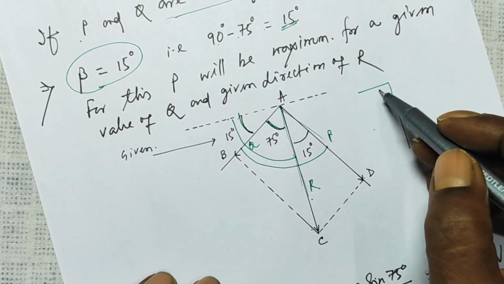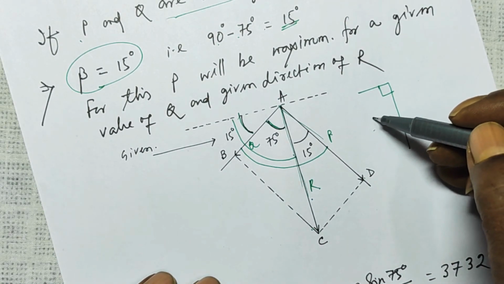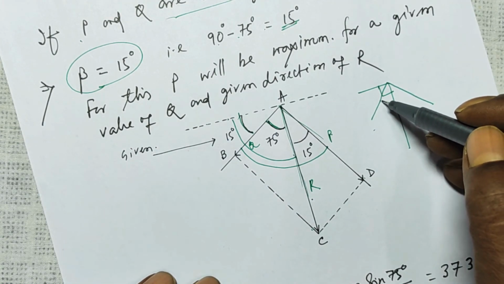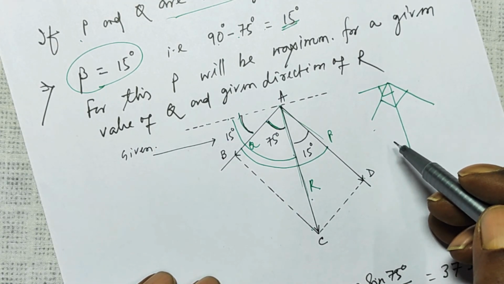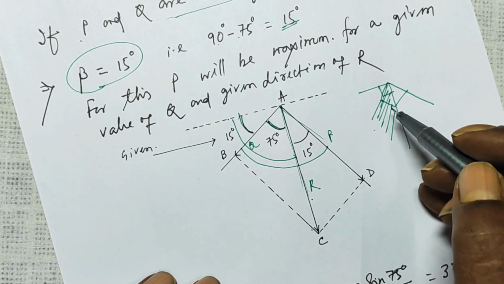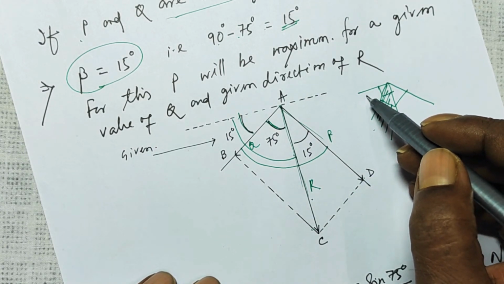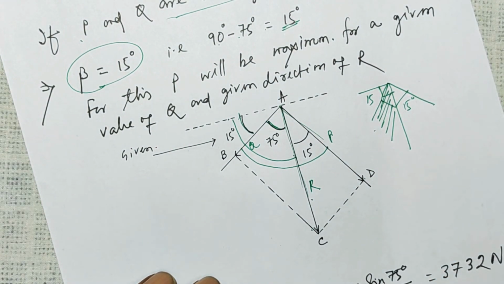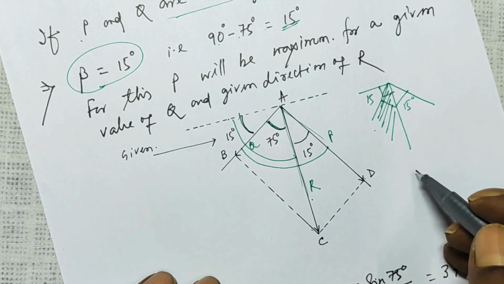This is 90. Then this is 90. So out of these two 90s, this angle is common. Whatever is left, if this is 15 degrees, then this will be 15 degrees.